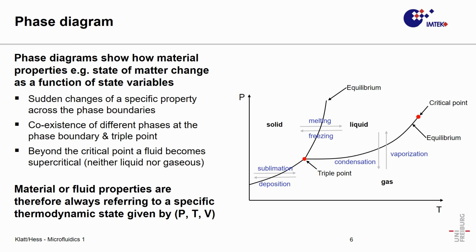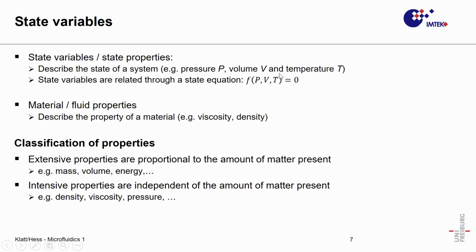So material or fluid properties are therefore always referring to a specific thermodynamic state given usually by the pressure, temperature, and volume. And when we are talking about a thermodynamic state, we have to discuss some wording. So let's start with the state variables or state properties.